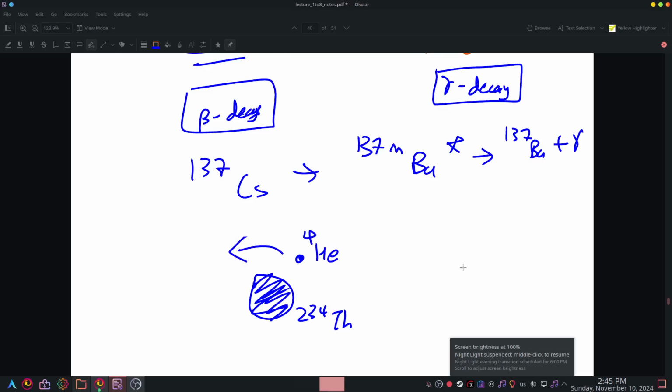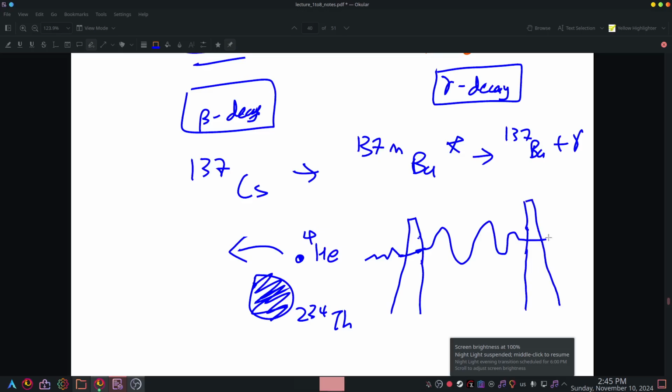Or rather, the more quantum way to put it is the wave function. It will be waving its way around, and it doesn't have enough energy to escape by default, but because of the quantum weirdness, you actually have a non-zero probability of this particle escaping. So let me draw these energy barriers, and there is some finite probability that this helium particle can tunnel through because of its wave nature. Quantum tunneling.